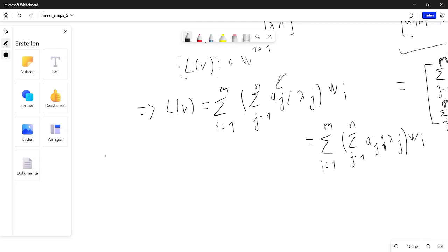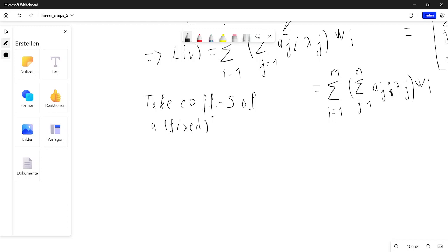So that basically means, if I write it down, take coefficients of a fixed representation, because we find such a representation, and we fix it, so we don't change these numbers, and they give a representation of the vectors L(e_1), ..., L(e_n) in W, right?